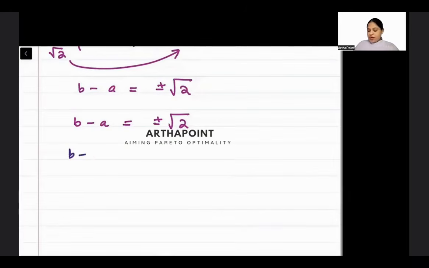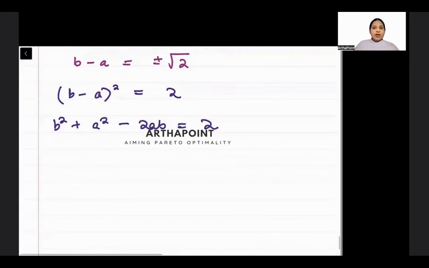So I will get b minus a whole square is equal to 2. So b square plus a square minus 2ab is equal to 2. है ना? So I will get that b square plus a square is equal to 2 plus 2ab. ठीक है?